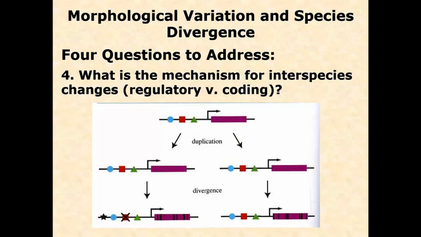And then number 4, what is the mechanism for these interspecies changes? So when we look at a change from jaguar to jaguarundi or leopard to jaguarundi, are we going to see the same genes? And even if we do, maybe what we will see is the same end result, but different mutations that get us there.